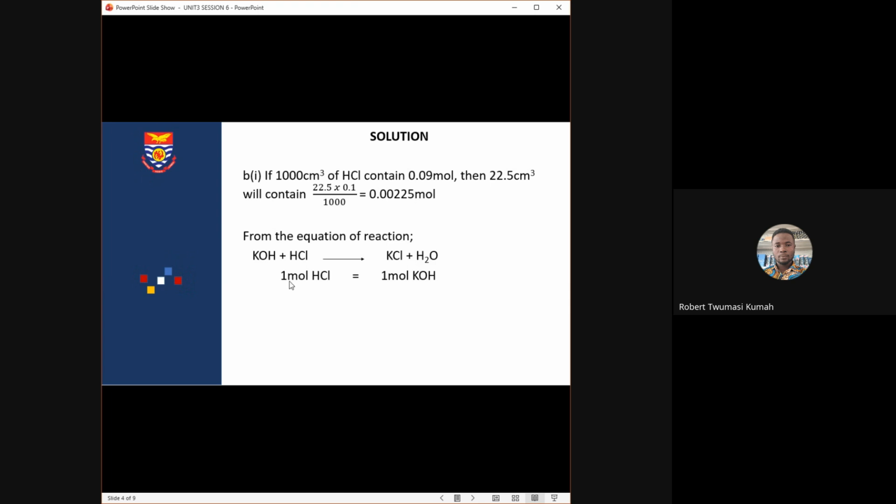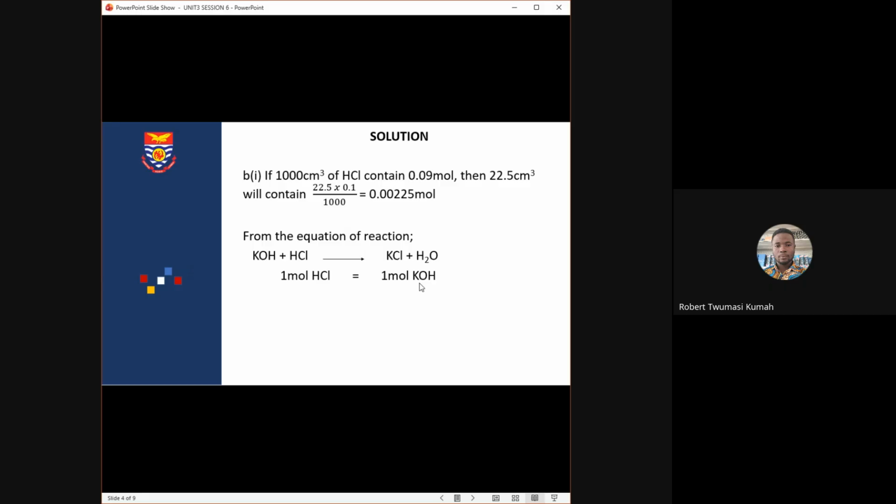We look at the agreement between them. The agreement is such that 1 mole of HCl gives 1 mole of KOH from this balanced equation. So always make sure that the equation is balanced. If the equation is not balanced, you cannot do the mole ratio. This is a balanced equation.